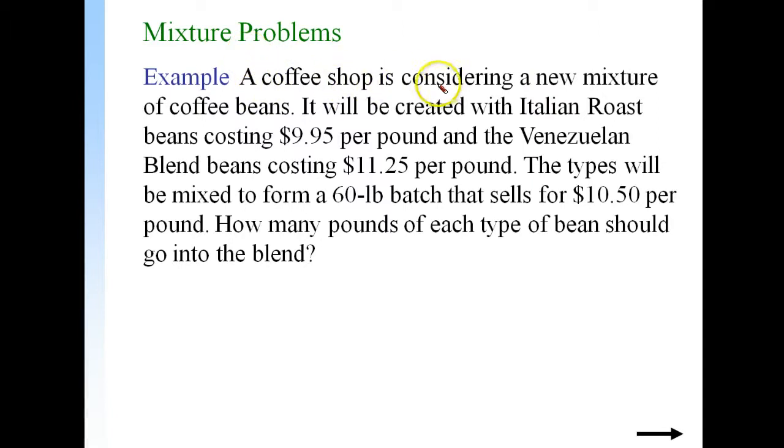Coffee shop, considering a new mixture. All right, these are going to be mixture problems. They're going to create an Italian roast that's going to cost this per pound. Now to do this, we're going to mix Venezuelan beans that cost this per pound. And the types will be mixed with 60-pound batch that sells for this per pound.